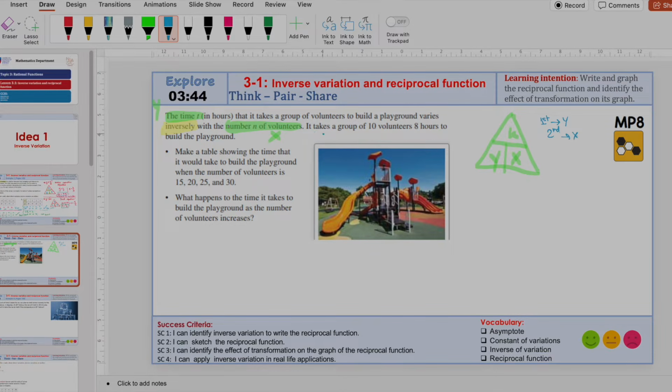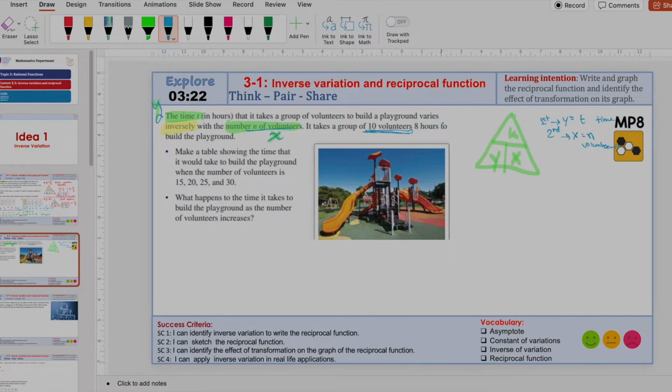Then they gave you some information here. It takes a group of 10 volunteers. Remember, the number of volunteers is my x variable, and our y is the time.